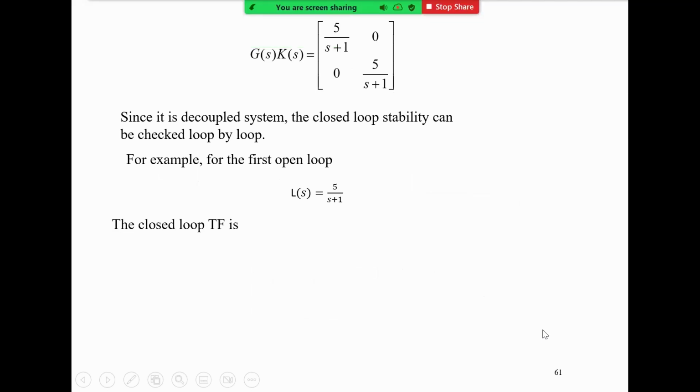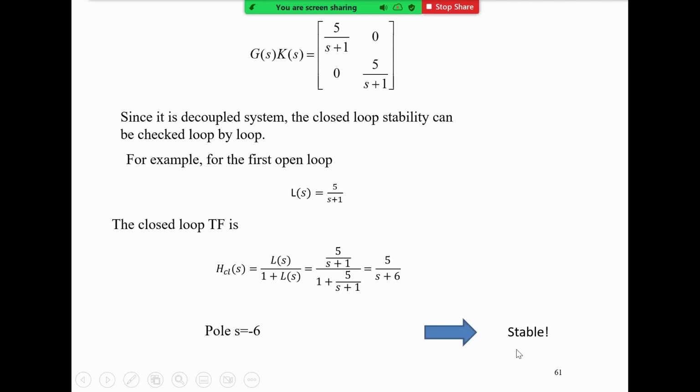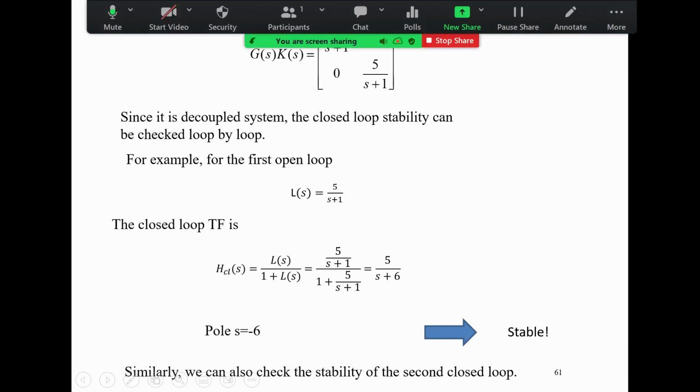We know the closed loop transfer function is the open loop L over 1 plus L. So just plug in, and you get this closed loop transfer function. Of course, it is stable, you have a pole at -6. Similarly, we can check the stability for the second loop.